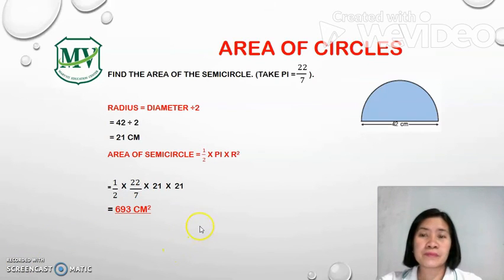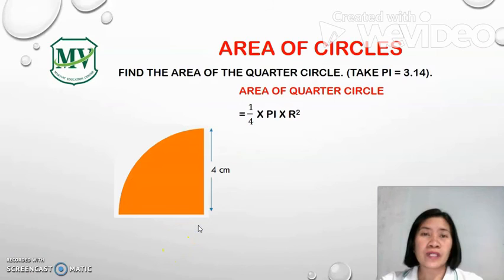Next problem. Find the area of the quarter circle. Take pi equals 3.14. The area of a quarter circle is equal to 1 over 4 times pi times radius squared. Radius is equal to 4 centimeters. Pi is equal to 3.14.